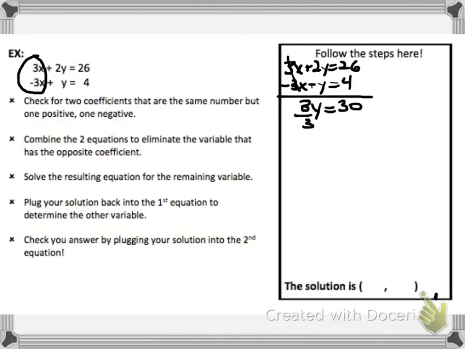Divide by 3, and I find that y equals 10. Now I'm going to take that y equals 10 and plug it back into my first equation to find out what the x value is.